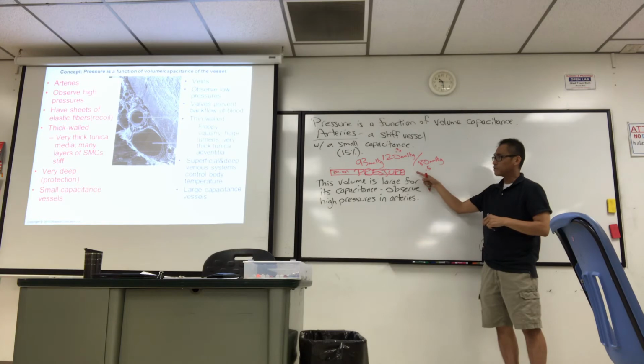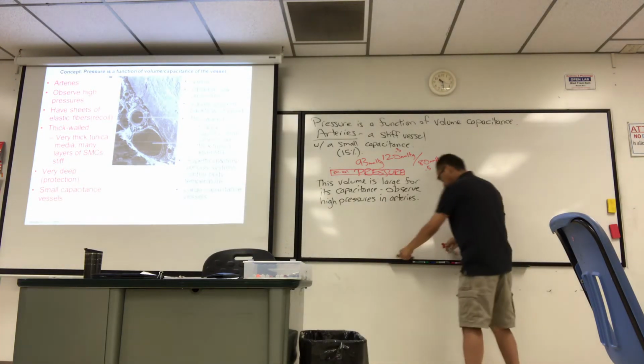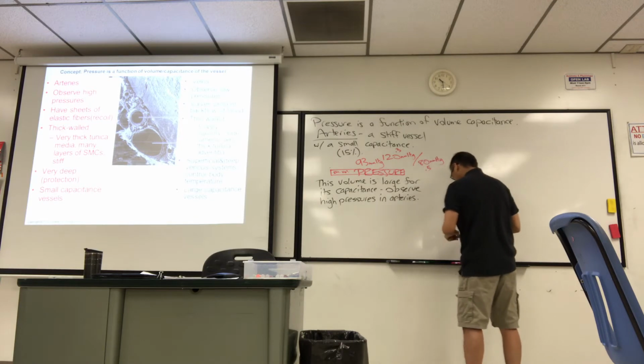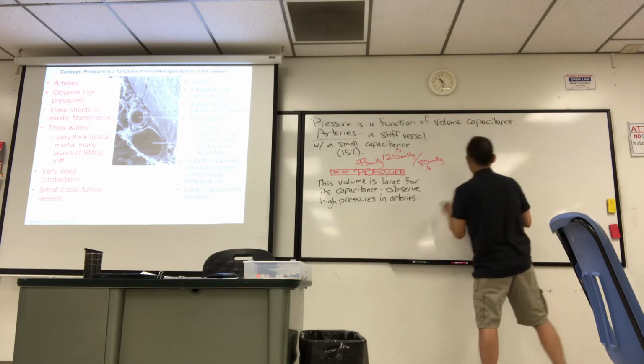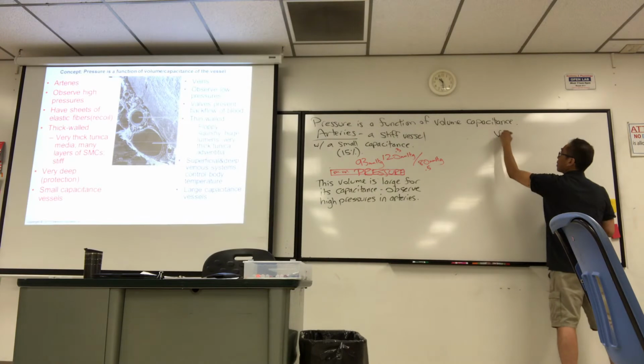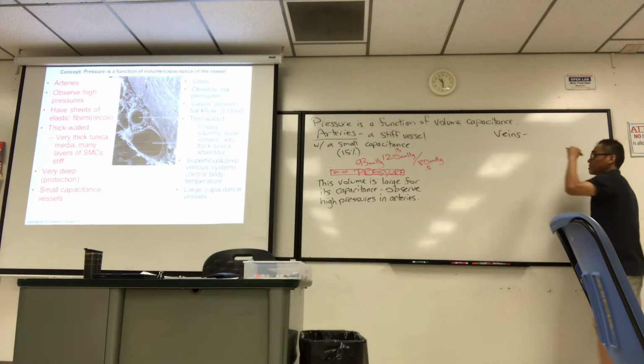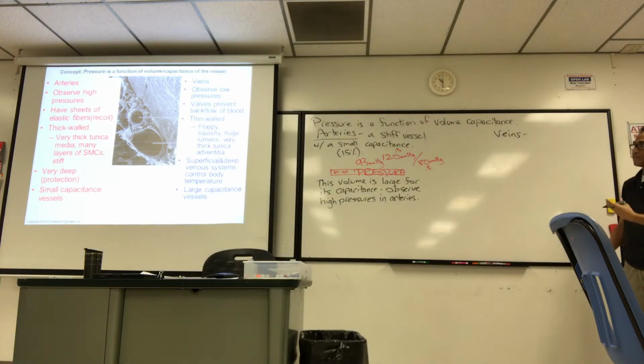So if there are no questions, veins are the opposite of this. So if I'm saying opposite, let me describe vein. I'll describe vein as a very compliant vessel with a large capacitance.